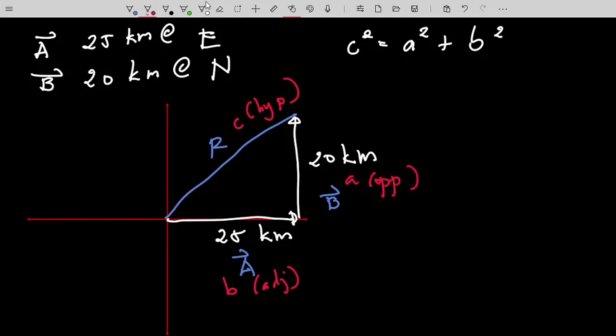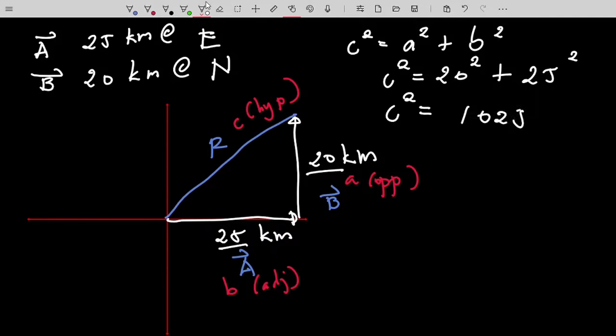Now let's rewrite the given. We know c squared is what we are looking for, so c squared equals the value of A, which is 20 kilometers, squared, plus the value of B, which is 25 kilometers, so plus 25 squared. Then c squared equals 20 squared plus 25 squared, which gives 1025.